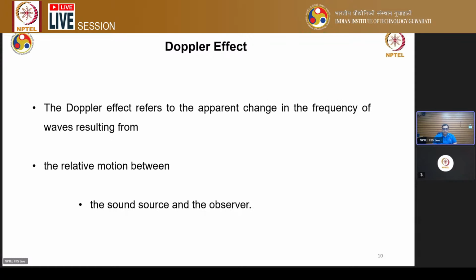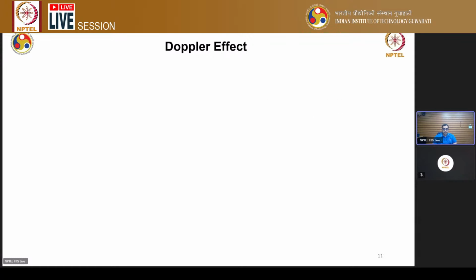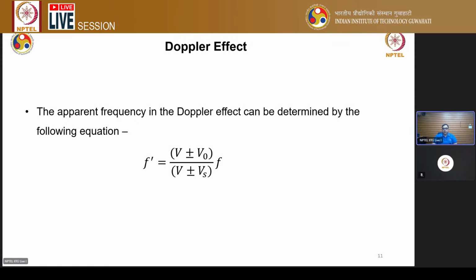Here, the observer is nothing but your sensor. The frequency in the Doppler effect can be determined by this particular equation. I think we have discussed this in detail in our motion sensor lectures.